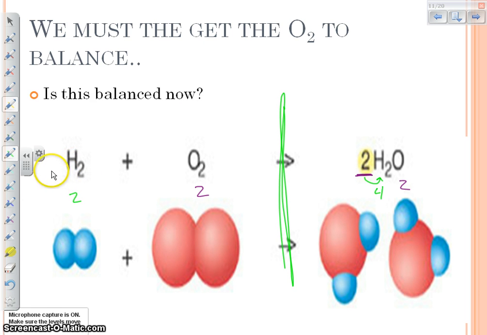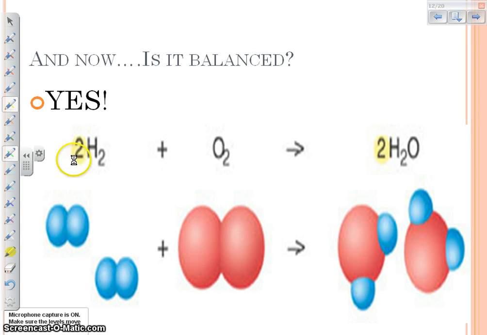So I would do that by adding a coefficient right there. And when we flip to the next slide, you're going to notice that yes, there's a coefficient of 2 there. So I happen to have 4 hydrogens on that side. On my product side, I have 4 hydrogens. I have 2 oxygens on the reactant side and 2 oxygens on the product side. Okay, and we're going to continue practicing these out for the next couple minutes.